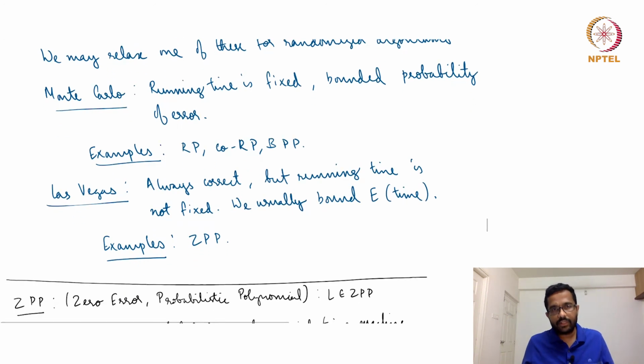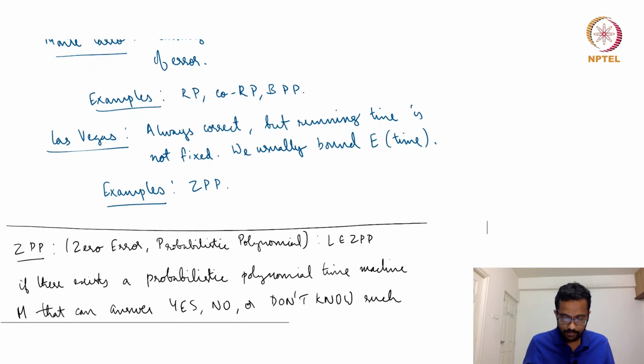All that we have seen so far, RP, co-RP, and BPP, correspond to Monte Carlo algorithms. And what we are yet to see is a complexity class that corresponds to Las Vegas algorithms called ZPP, which stands for zero error probabilistic polynomial time, which we will see in the next lecture.